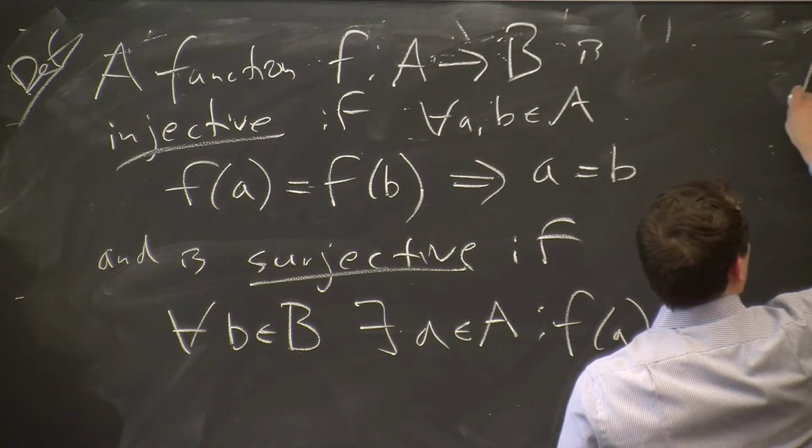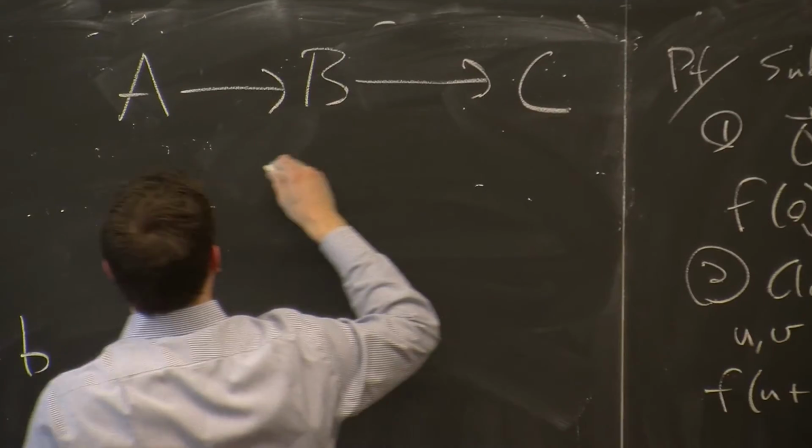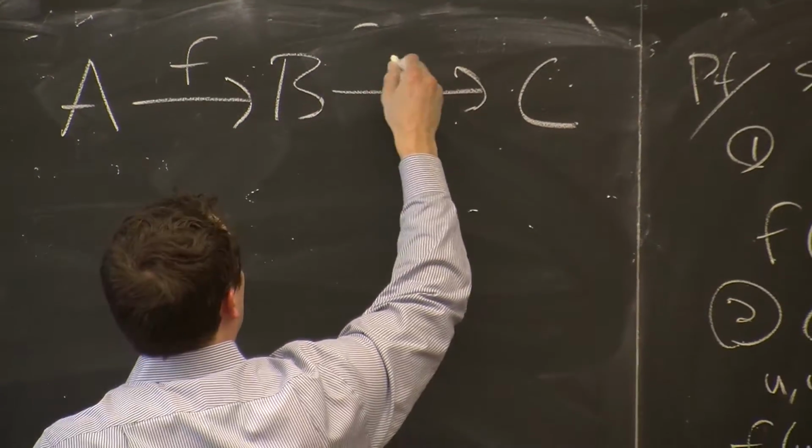Okay. So suppose we have three sets, A, B, and C, and I have two maps, f and g.